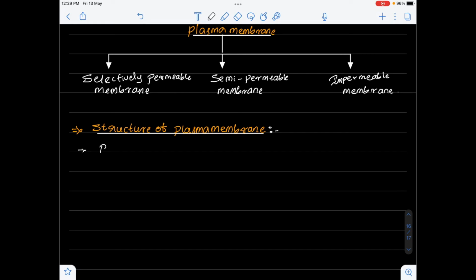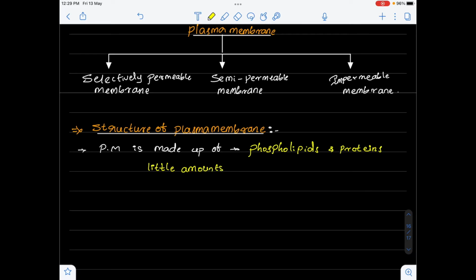The plasma membrane is made up of phospholipids and proteins, and little amounts of glycolipids and glycoproteins.